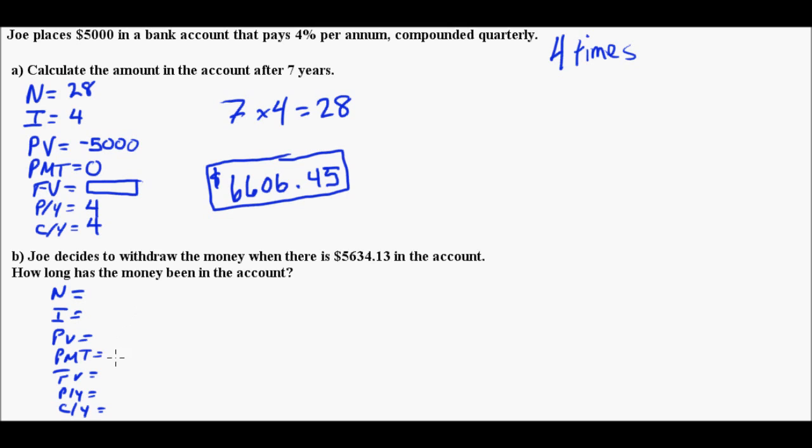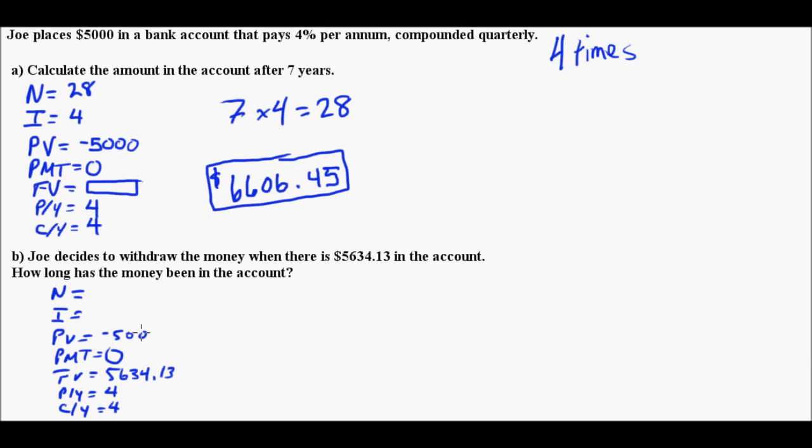Okay, so we're going to assume it's still compounded quarterly. They don't say otherwise. So these would both be 4. They give us a future value, so that's 5,634 and 13. The payment is always going to be 0. The present value is just what he started with, so that's negative 5,000.